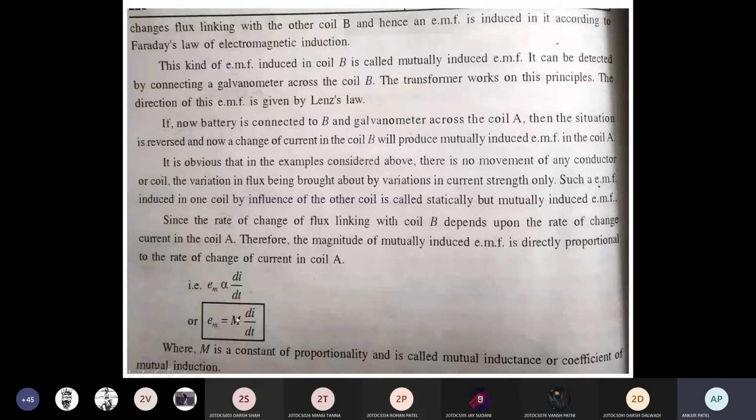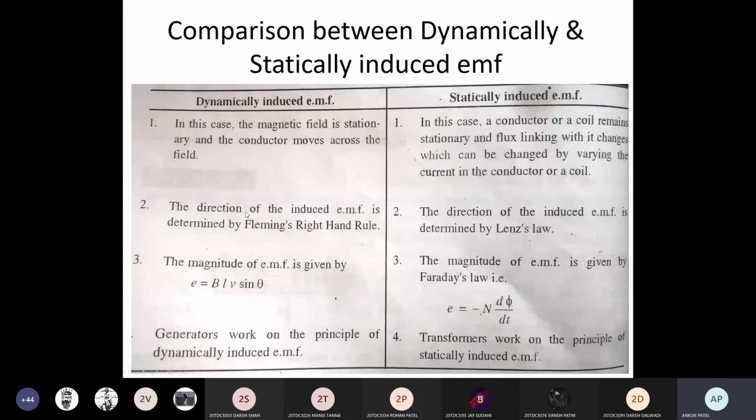This is by Faraday's law, but the minus sign comes due to Lenz's law. This is the difference between statically and dynamically induced EMF.